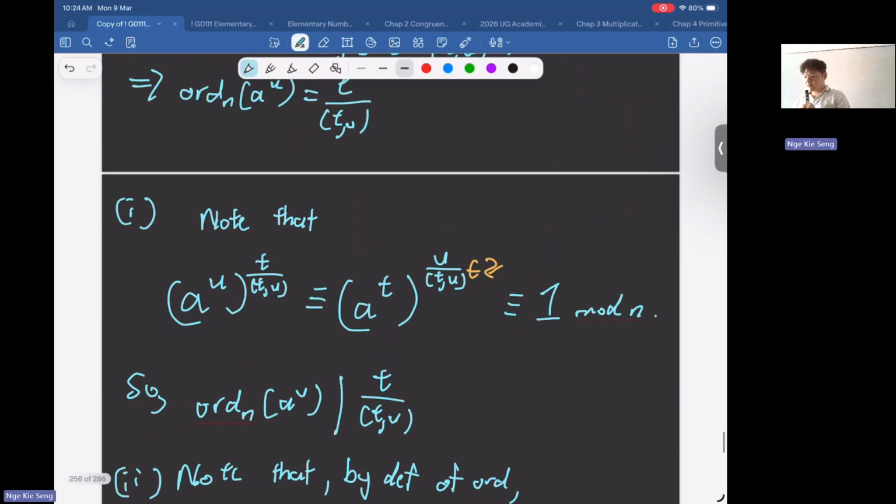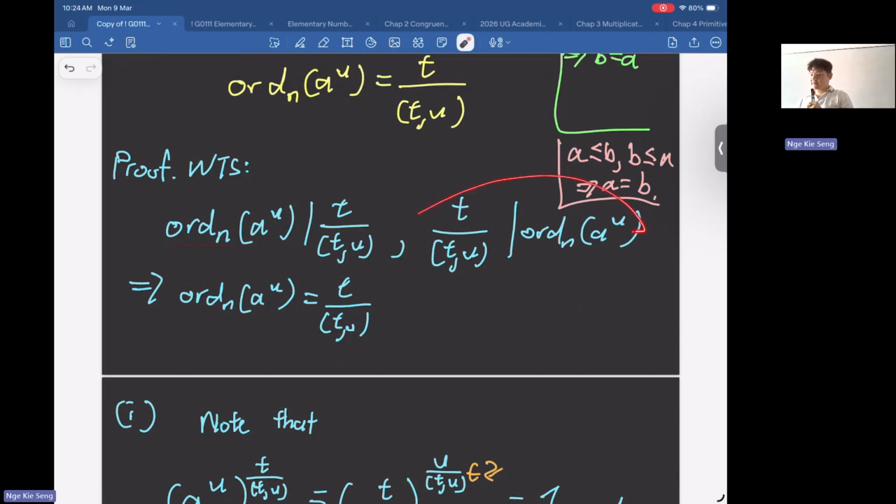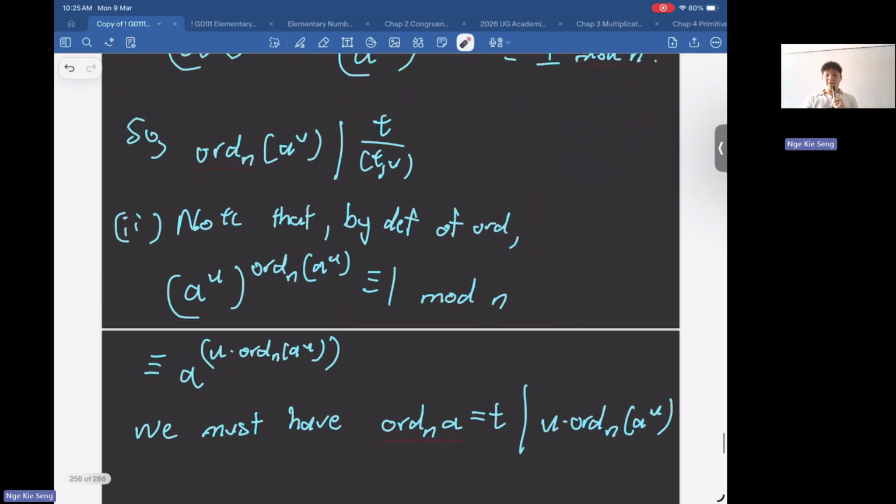But not quite what we wanted yet, right? We want T over GCD(T, U) to divide the order of A^U. But here we got an extra U. Not quite what we wanted. Any idea how we proceed?